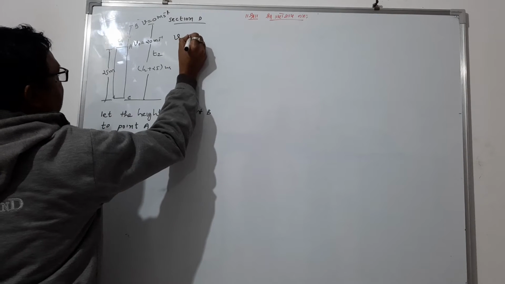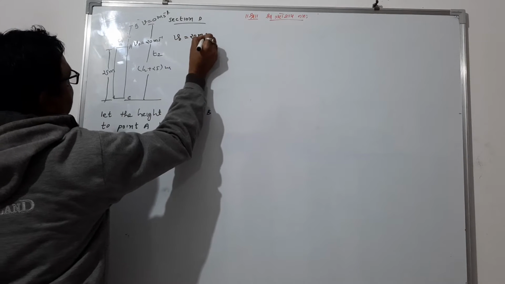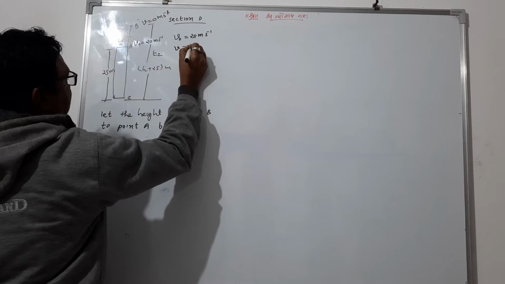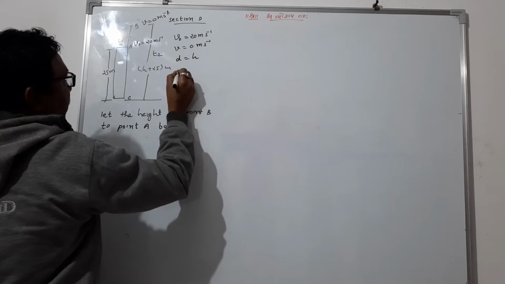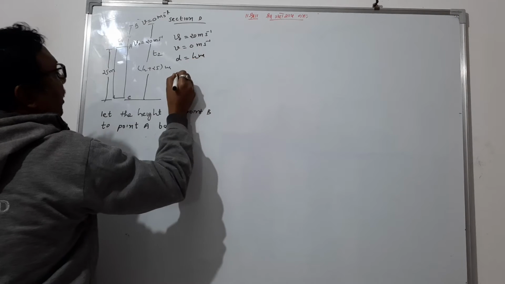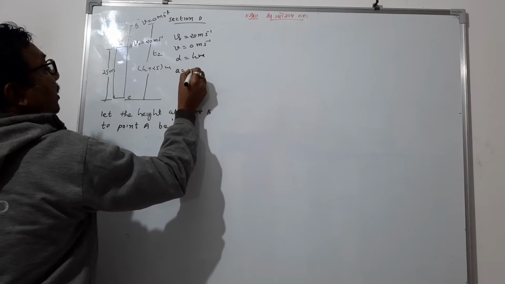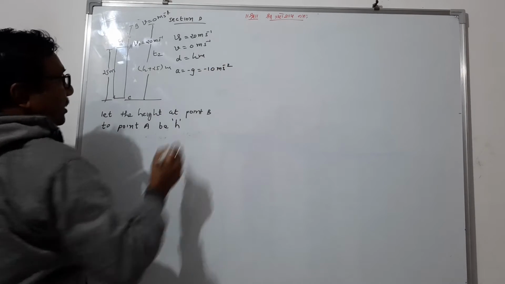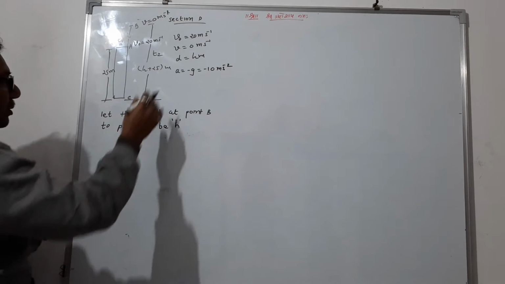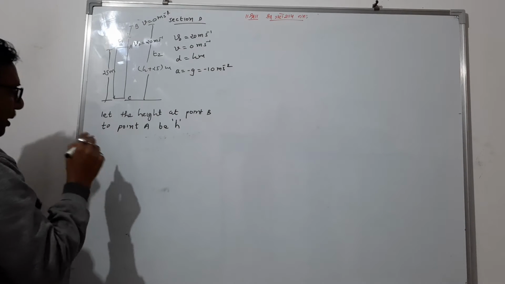Initial velocity is equal to 20 meter per second, final velocity is 0 meter per second, distance is equal to h meter, and a is equal to minus g, that is minus 10 meter per second square. So these all three things are here.